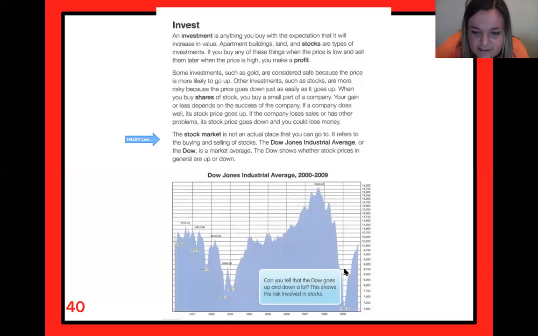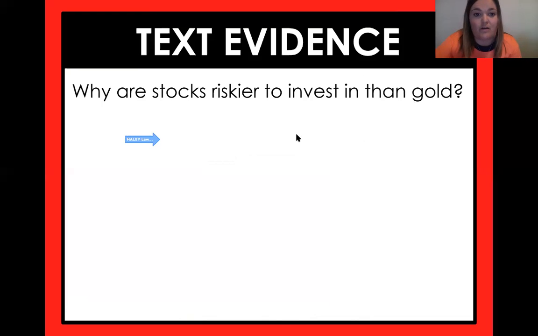So this data is pretty cool if you sat and looked at it. It starts in 2001 and goes all the way to 2009. And it starts at 7,000 and goes up to 14,000. So we can show how right here in 2008, it was all the way up here. Then in 2009, bam, it's at the very bottom. So you really can tell that it goes up and down a lot.